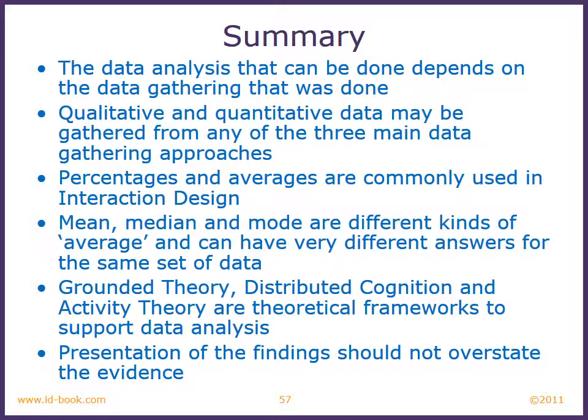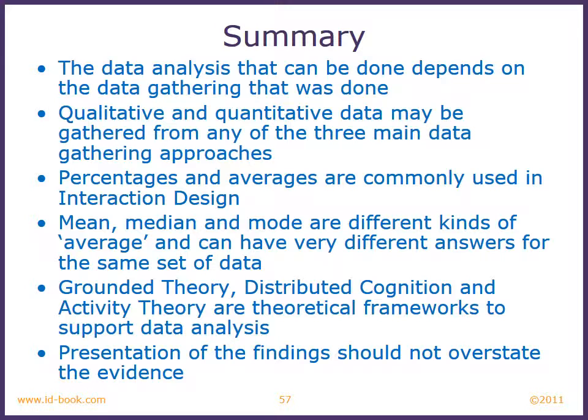So, folks, the takeaways from this section are the following key points. The kind of data analysis that can be done depends on the data gathering techniques used. Qualitative and quantitative data may be collected from any of the main data gathering techniques like interviews, questionnaires, and observations.